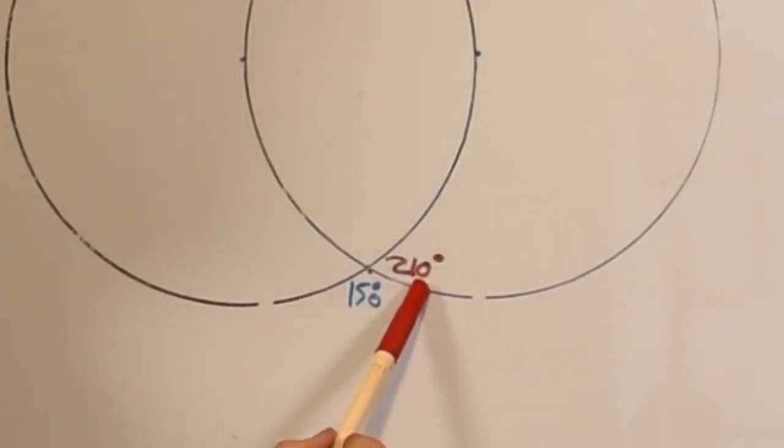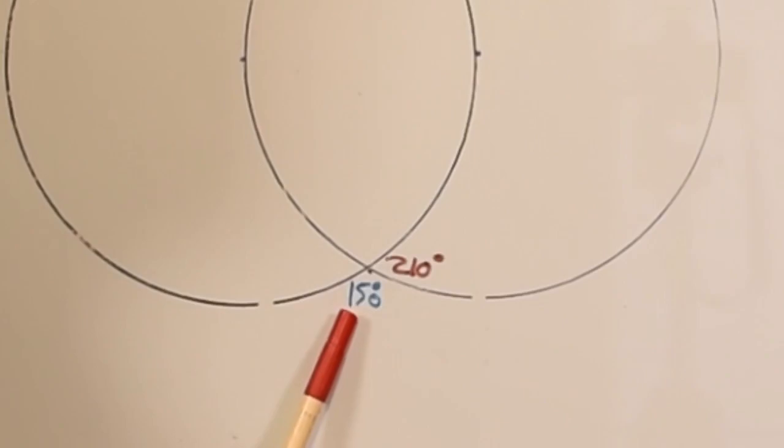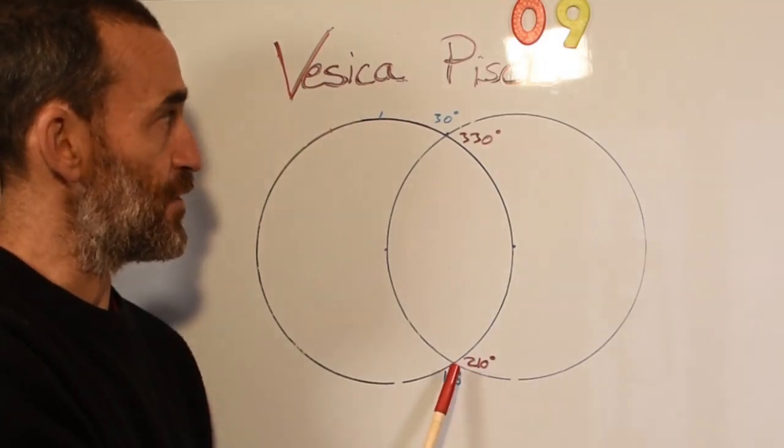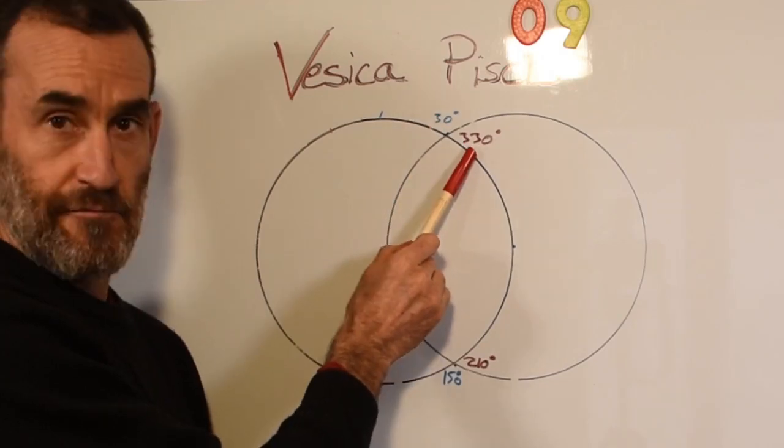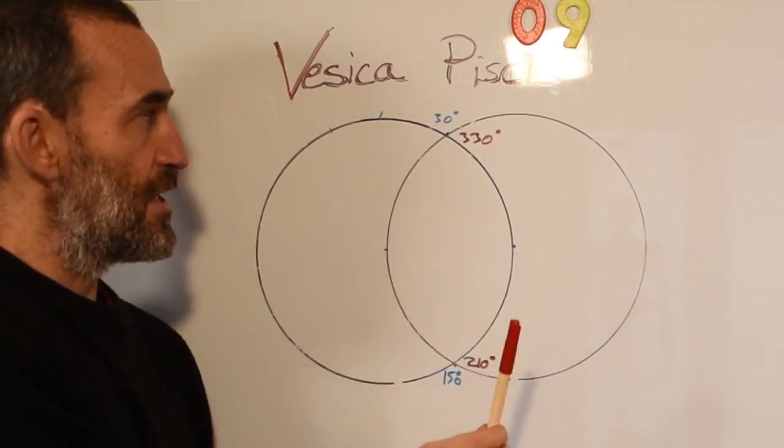The root number here is a 3, the root number here is a 6, and then that flips over. The root number here is the 3 in blue and 6 in red on this side.